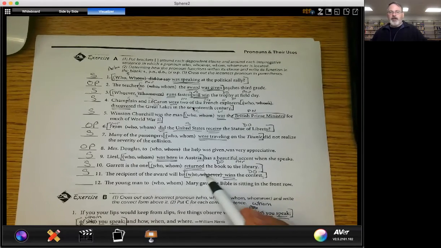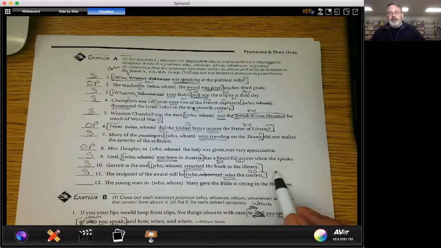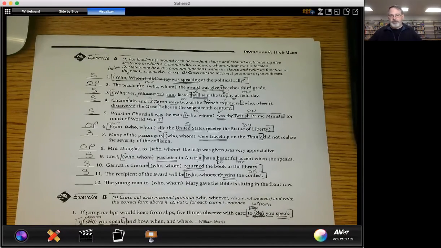We're talking about anyone in that larger list of people in the senior class, but only the ones who complete the required classes are going to be able to graduate. Therefore, we're talking about more than one. Anybody who qualifies, whoever. So that's why whoever is the correct word in this case. All right. Took me a second. I had to look that one up real quick to make sure I could explain it well.